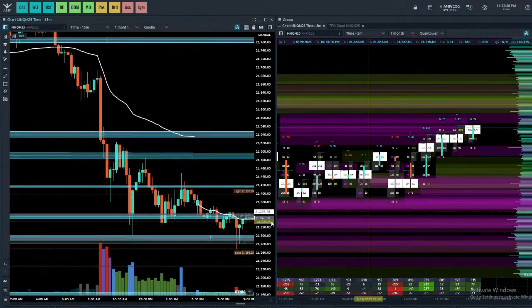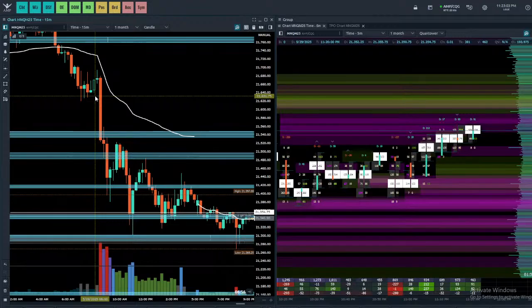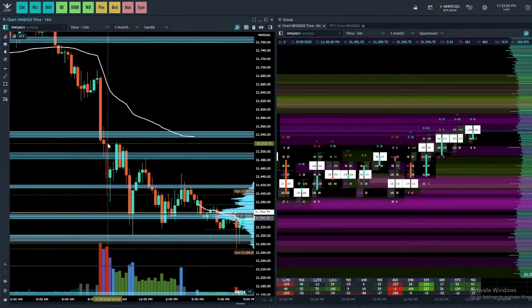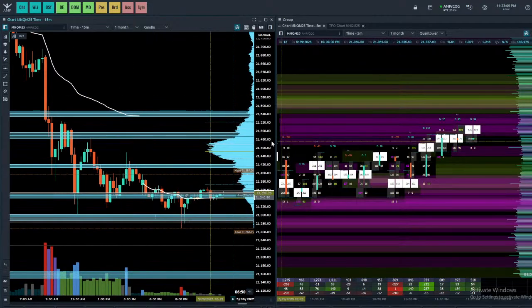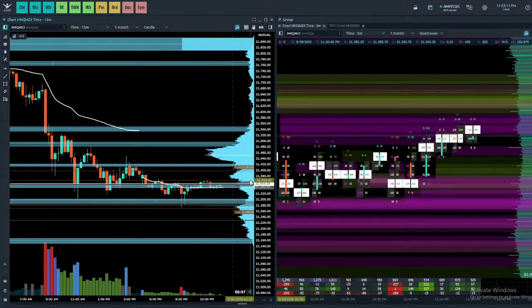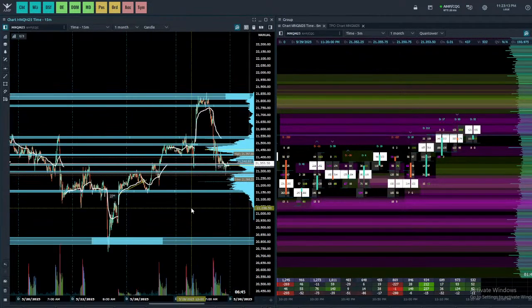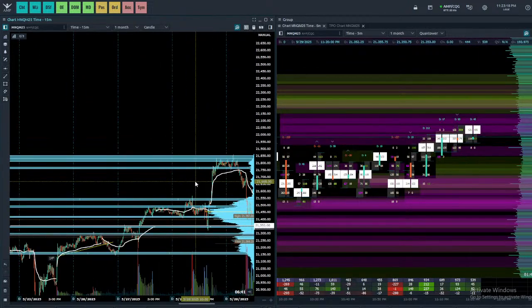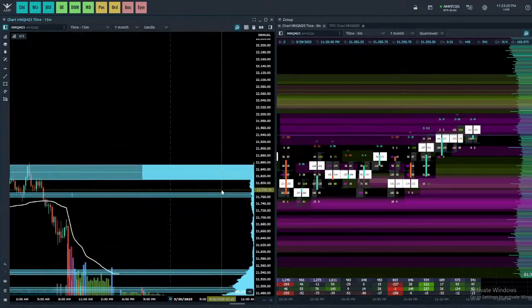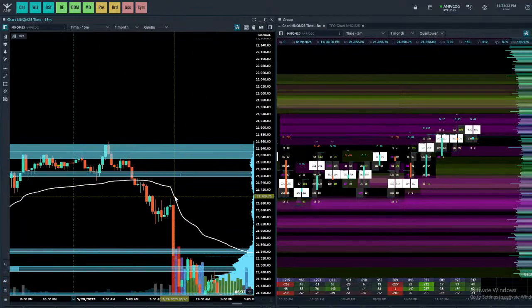Oh shit, it's another fair value gap right here. Is this a higher? Oh, okay. This swing high.